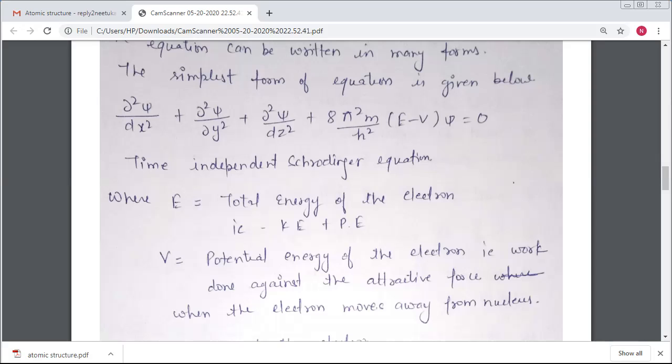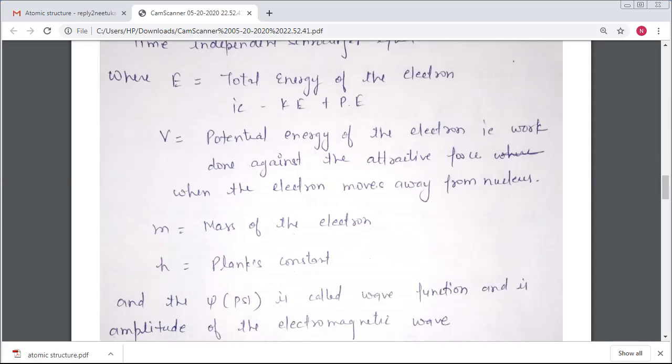Here the capital E denotes the total energy of the electron. Total energy of the electron means both types of energy, that is the kinetic energy and the potential energy. Now V represents the potential energy of the electron, that is the work done against the attractive force when the electron moves away from the nucleus.